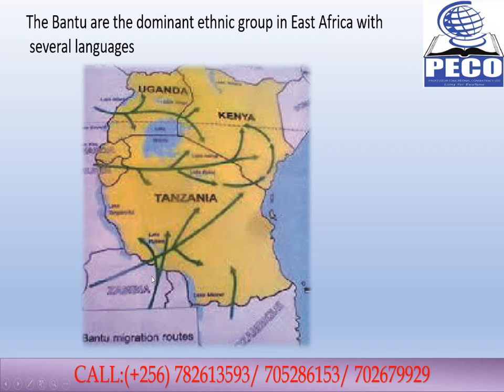Then down here we have the fourth group, which is known as Southern Tanzania Bantu. The Southern Tanzania Bantu passed in between Lake Tanganyika. Lake Tanganyika is here. Okay? And between Lake Malawi.